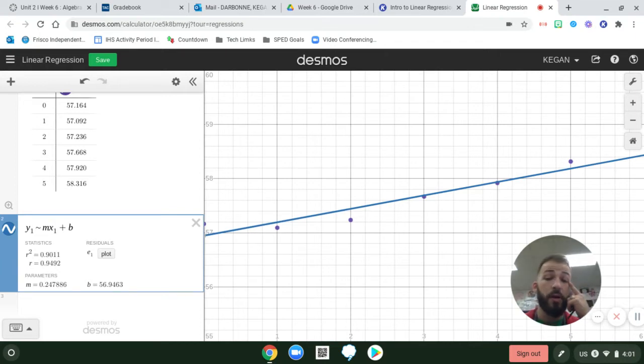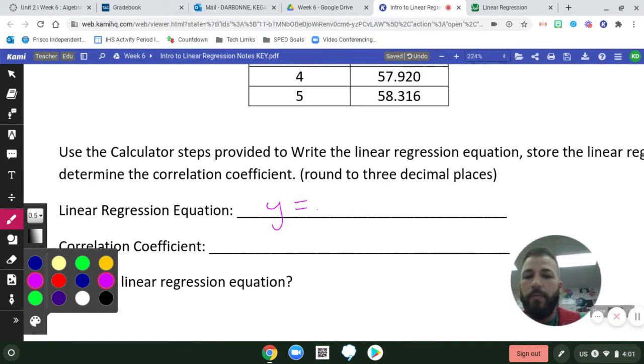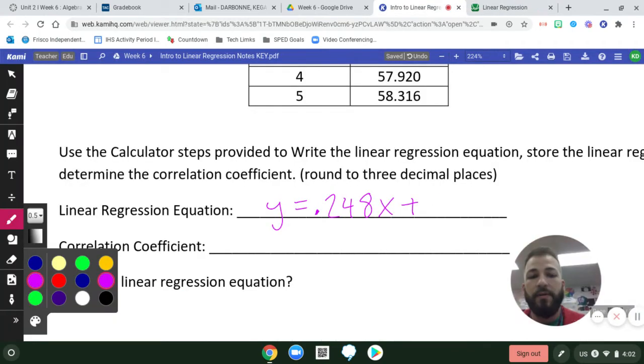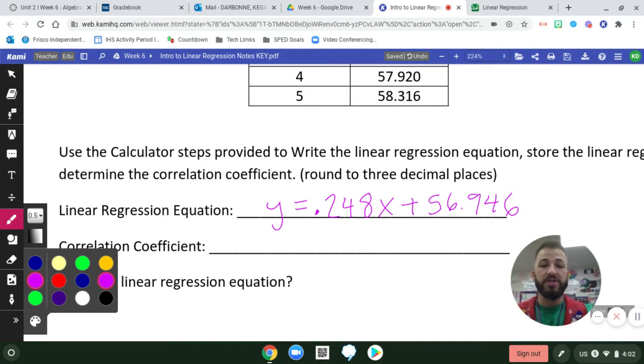And just to be safe, we're going to round to the third decimal place. So 0.248 for our m. And then x plus our b, it tells us right here at the end, 56.946. So that's our nice y equals mx plus b equation.